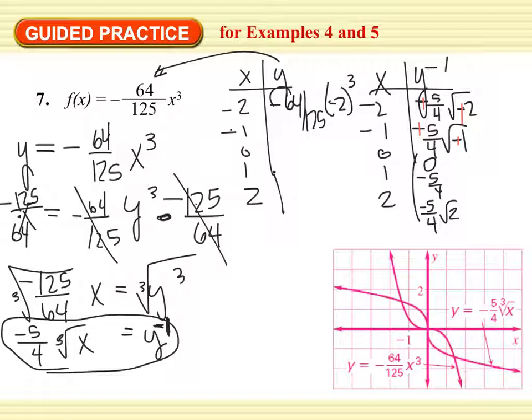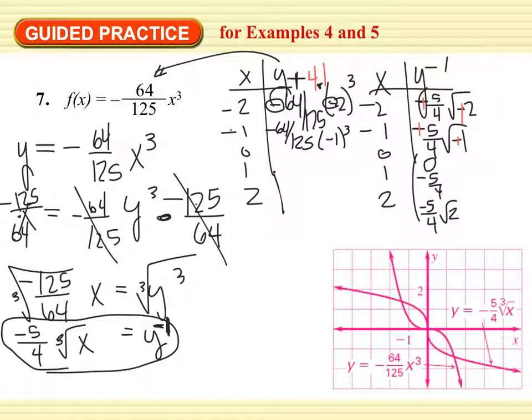I get that as a negative 4.1. Negative 64 over 125 times negative 1 cubed, negative 4.1 is wrong, I'm sorry. It's positive. Because remember, a negative times a negative is a positive.